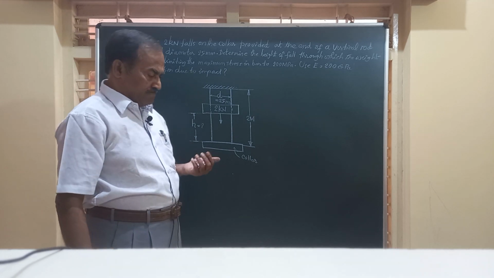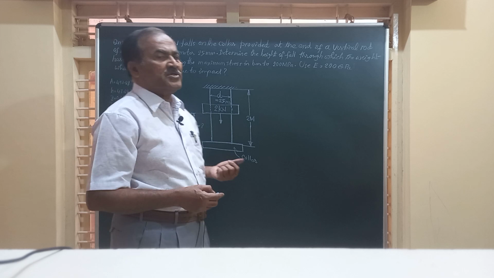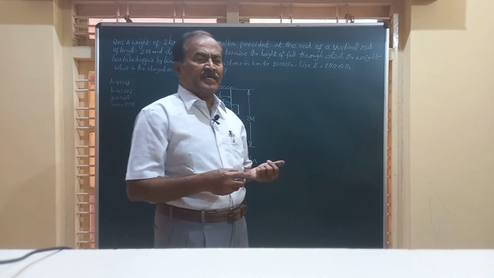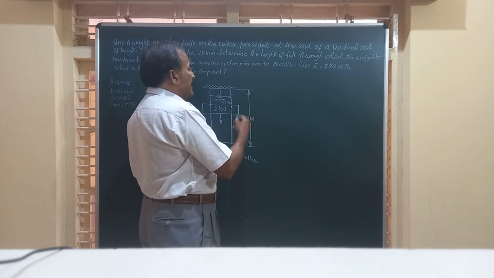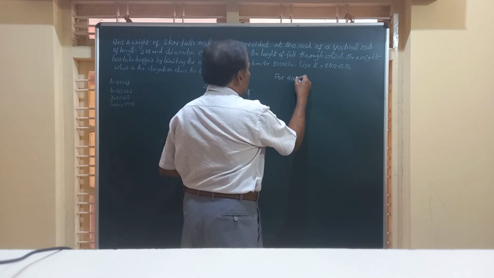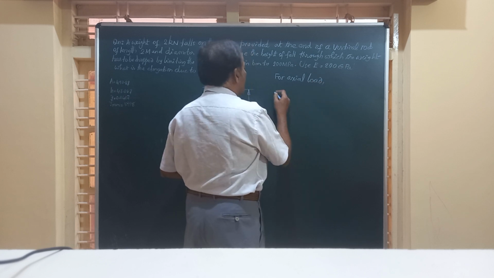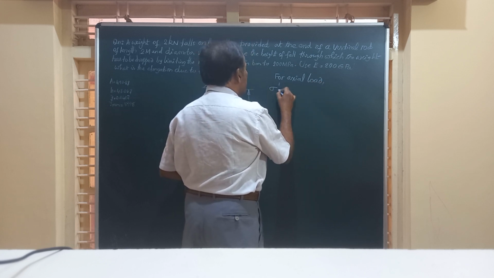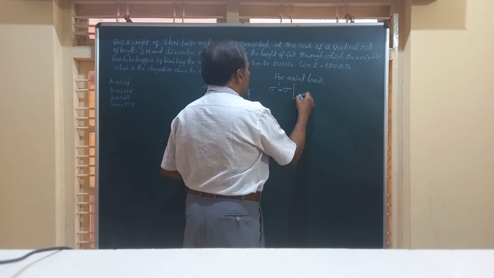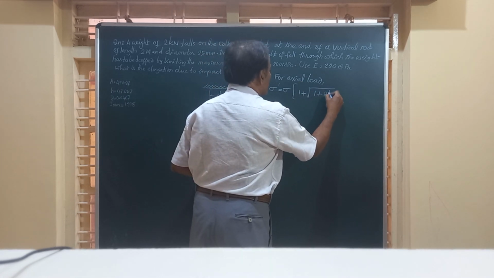Friends, it's a case of an axial load, and if you refer to the machine design data handbook, for a case in axial load, we have the formula sigma dash is equal to sigma into 1 plus square root of 1 plus 2h by y.